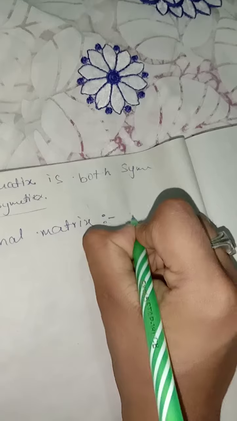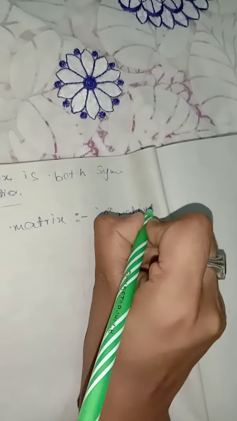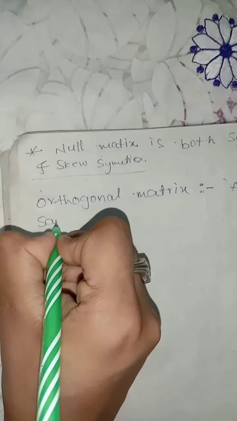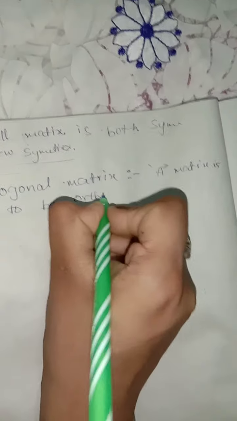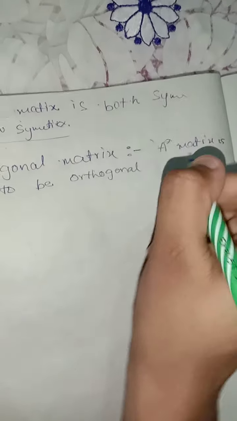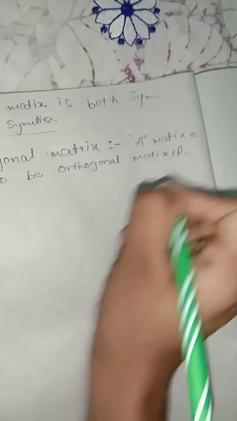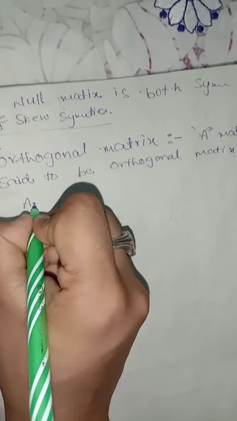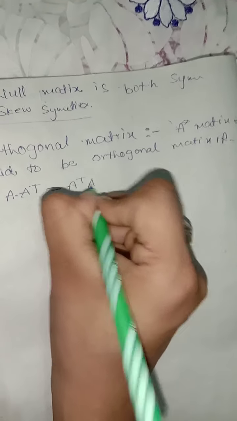A matrix is said to be orthogonal if A into A transpose equals A transpose into A equals I.